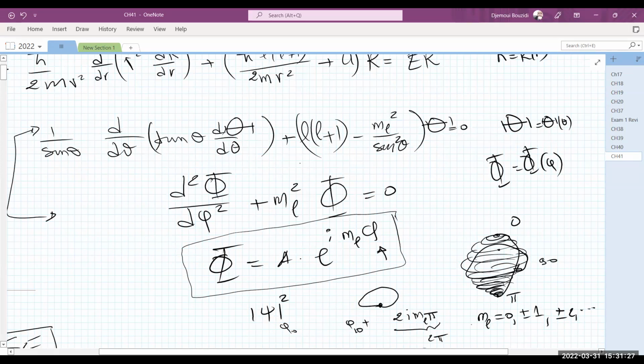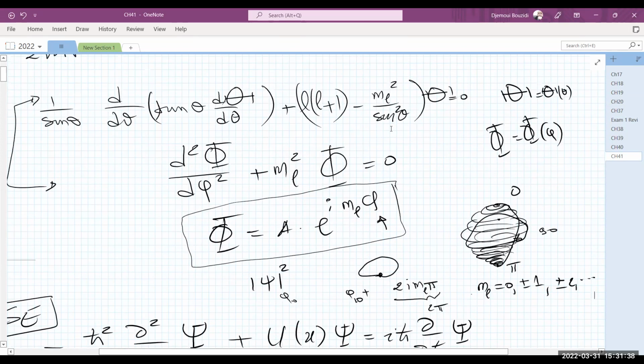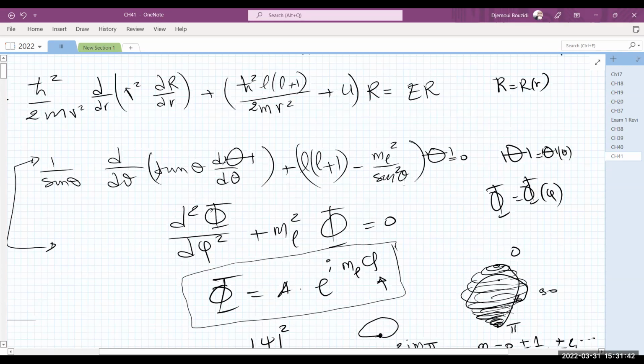Okay. Then I take that condition and impose it in here, and I find that there is a constraint on ML and L. ML turned out to be constrained by L itself for this equation to have a meaningful solution, meaning that the sine theta itself does not vanish at 0 and it does not vanish at pi. Because if it vanishes there, this thing blows up, because you have 1/0 in here.